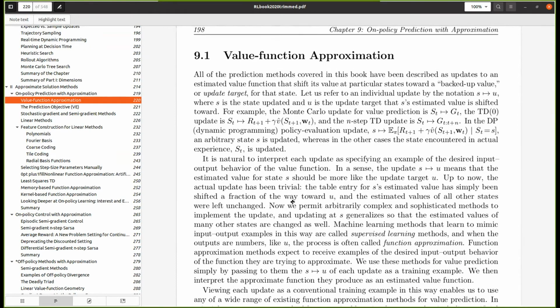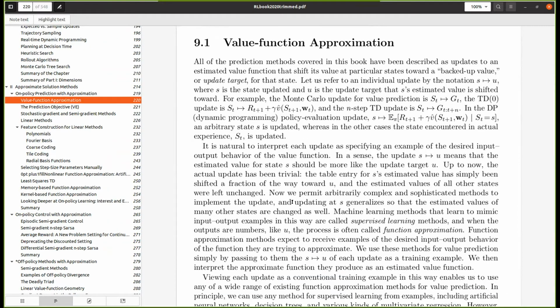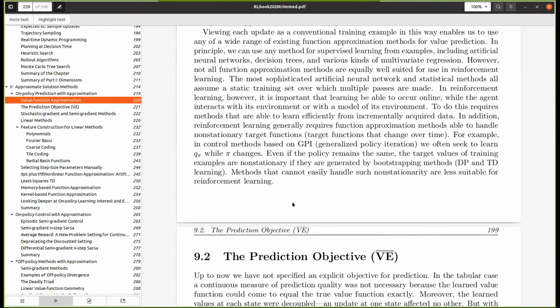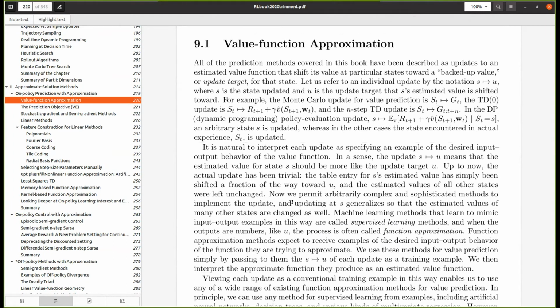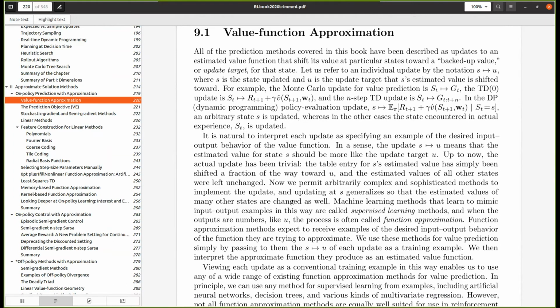Probably everyone here is well familiar with deep learning and machine learning in general, and the idea of function approximation is not new to anyone here.